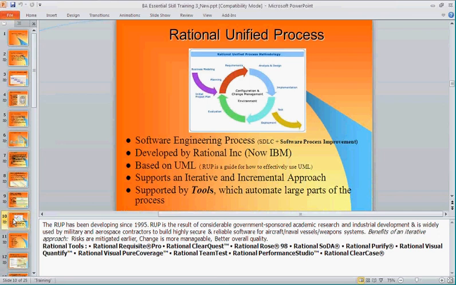Spiral, what was the objective of spiral? Customer satisfaction, right? Agile. What was the objective of going agile?